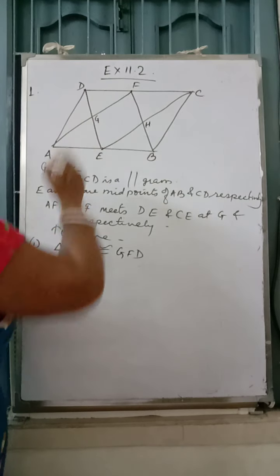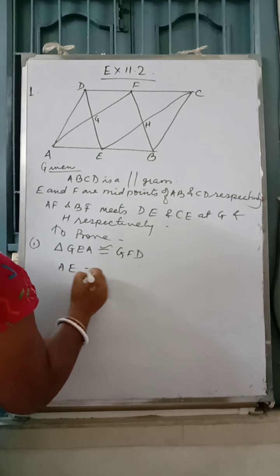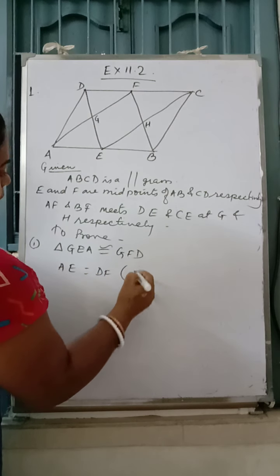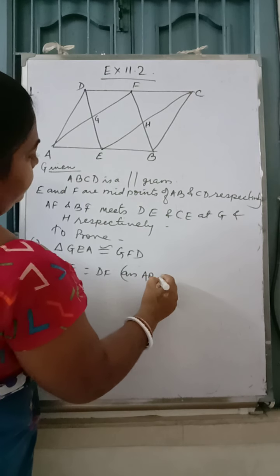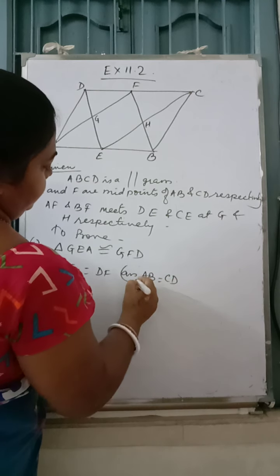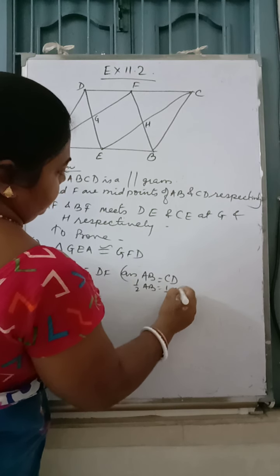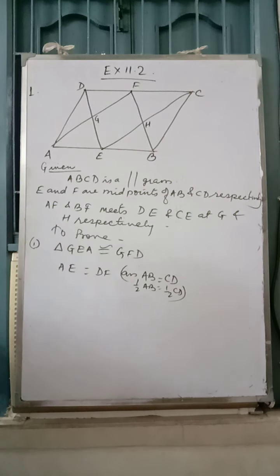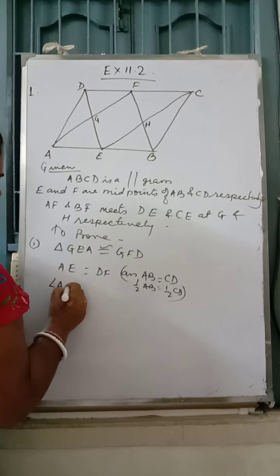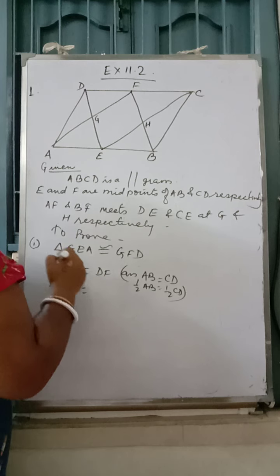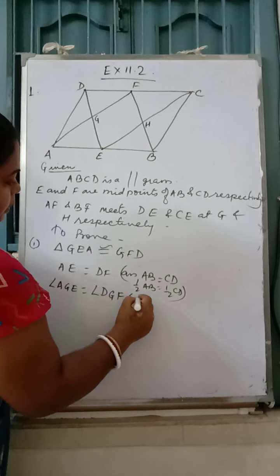The first thing, AE is equal to DF as AB is equal to CD. So half AB would be equal to half CD. These are the midpoints. Second, angle AGE is equal to angle DGF.